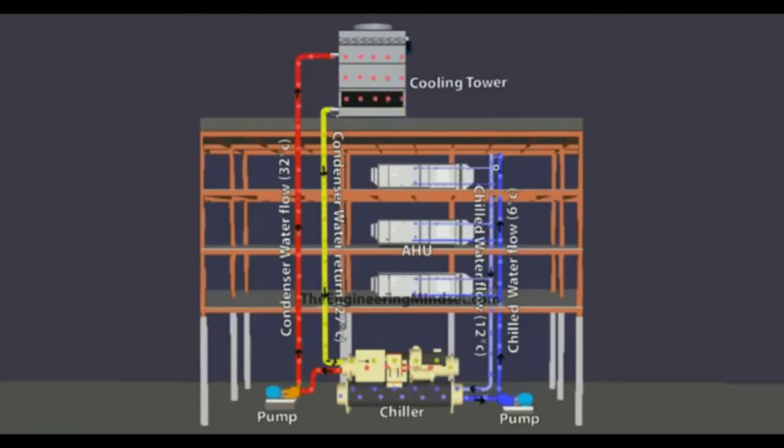And this heat is then returned back to the chiller at about 12 degrees. By the time it leaves the chiller again, it will have given up 6 degrees Celsius worth of heat, so it's leaving at 6 again. So it leaves at 6, comes back at 12, and this cycle repeats and repeats.